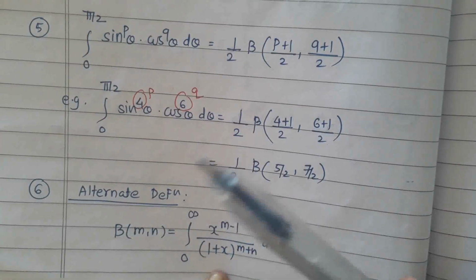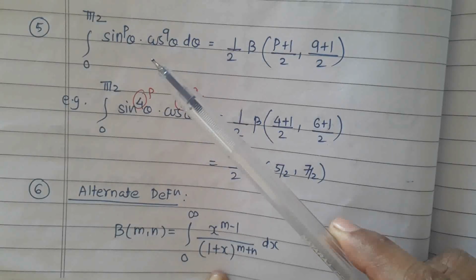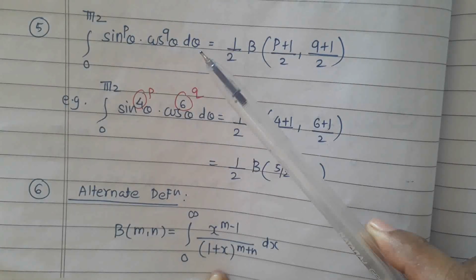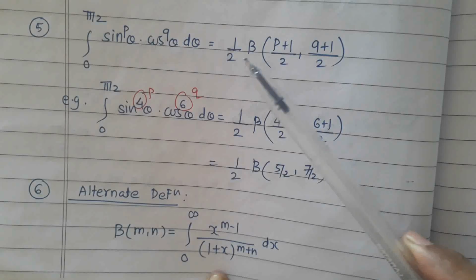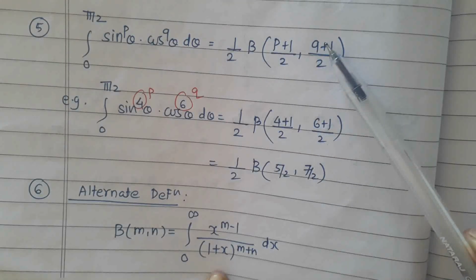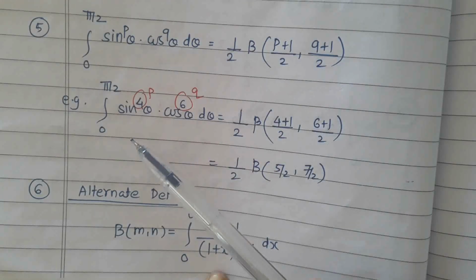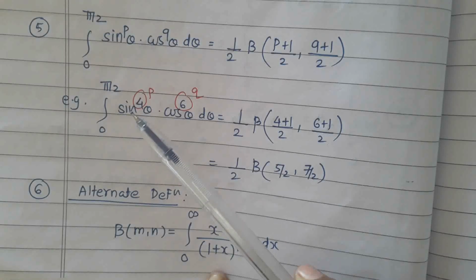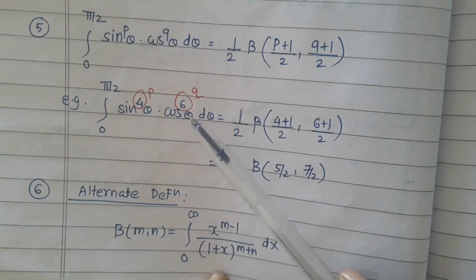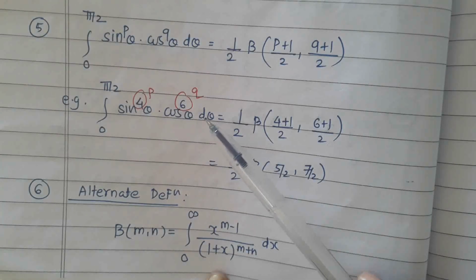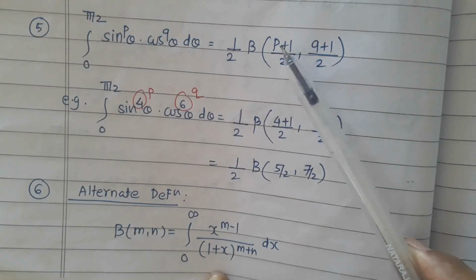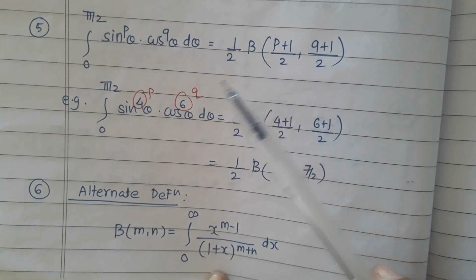Next property: the integral from 0 to pi by 2 of sin raised to p of theta, cos raised to q of theta d theta is equal to 1 by 2 beta((p plus 1) upon 2, (q plus 1) upon 2). For example, the integral from 0 to pi by 2 of sin raised to 4 of theta into cos raised to 6 of theta d theta can be evaluated using the above property.